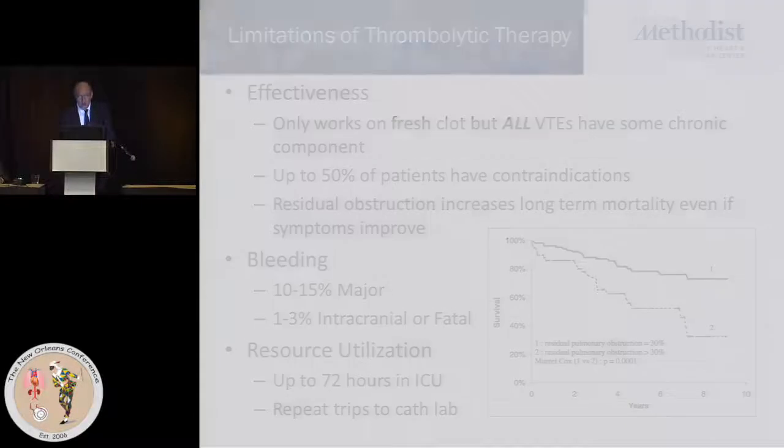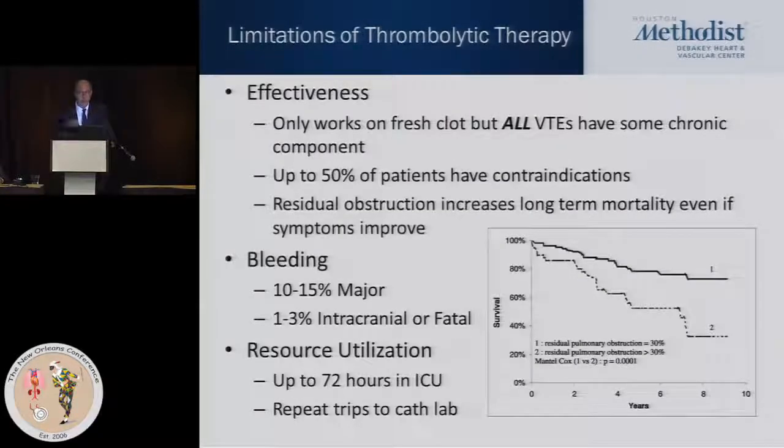Now, it's a very traumatic procedure and is usually performed in patients who are in extremis. For patients who have got less severe forms of pulmonary embolism, and even for patients who are in extremis, there was a search for less invasive ways to treat them.